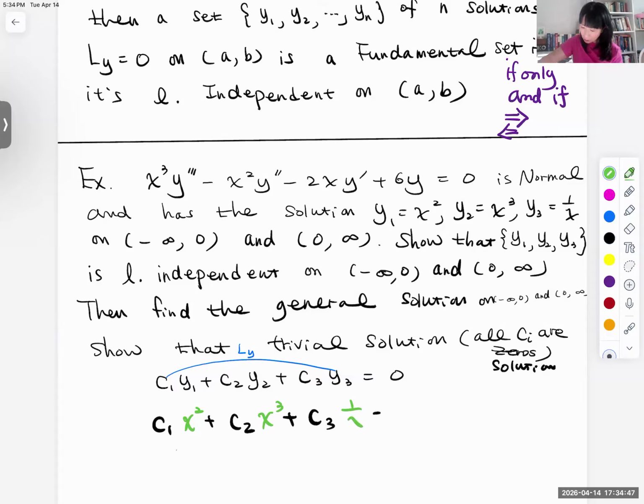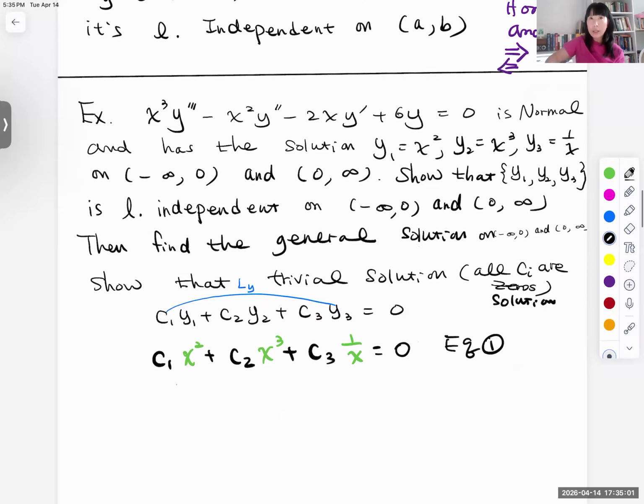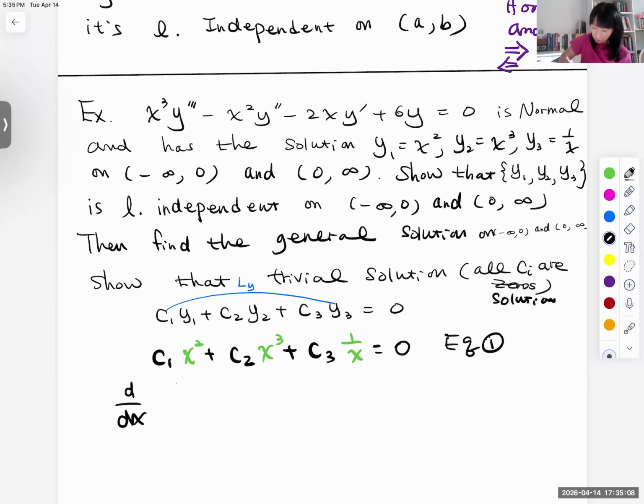Hold on one second. Okay, let's say this is equation number 1. All right, now we want to take the derivative with respect to x.